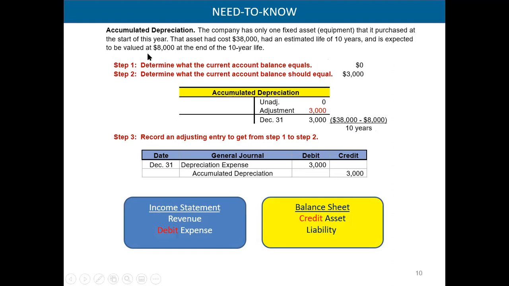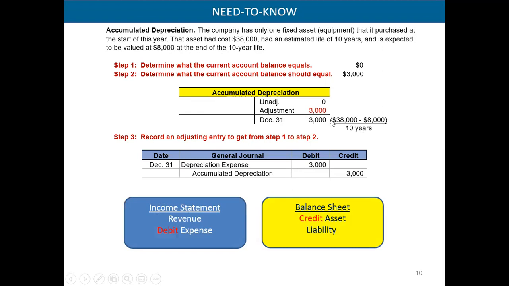It's expected to be valued at $8,000 at the end of its life. So that's its salvage value or residual value, the amount that it'll be worth even when we're done with the asset. So we don't depreciate that. So we subtract that out of the numerator. So we take the original cost of the asset minus the salvage value, divided by the number of years.